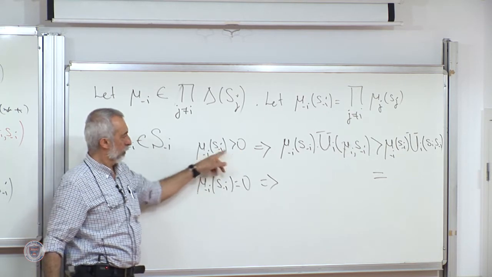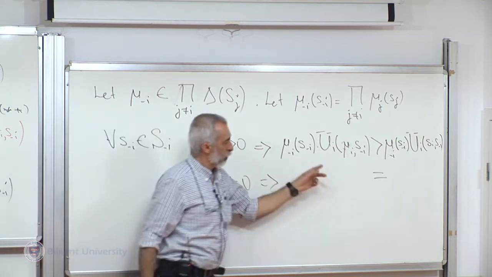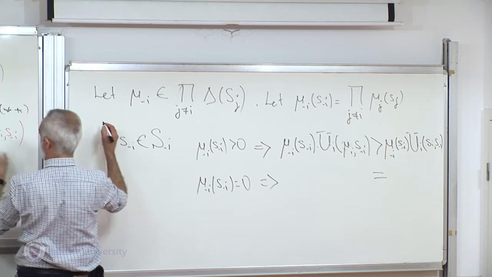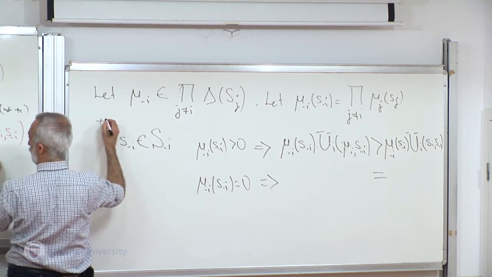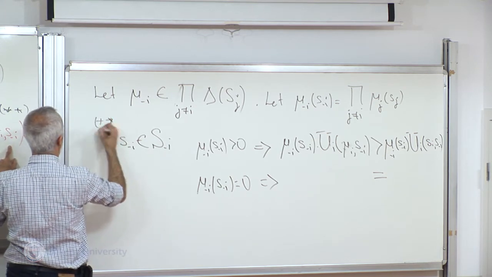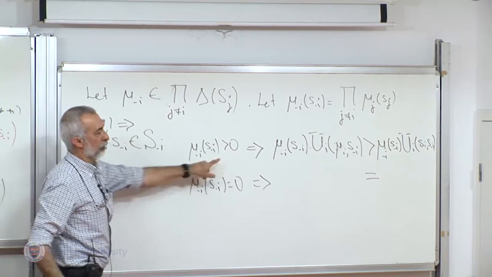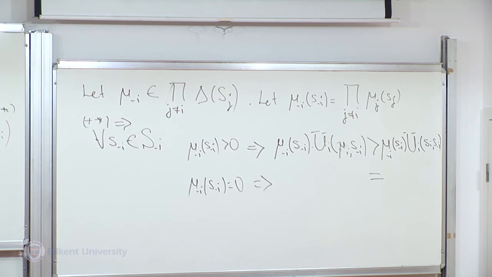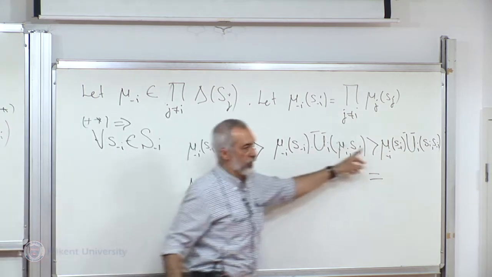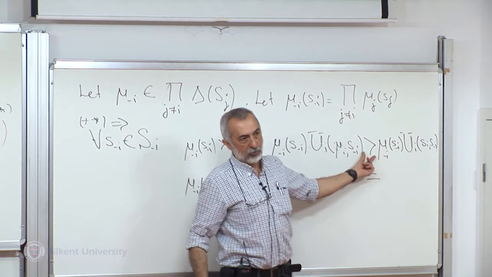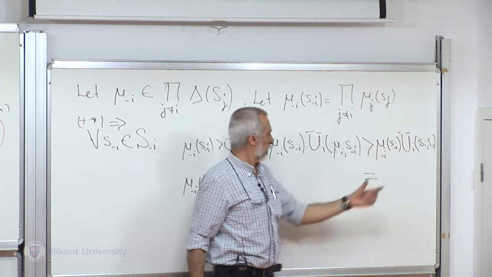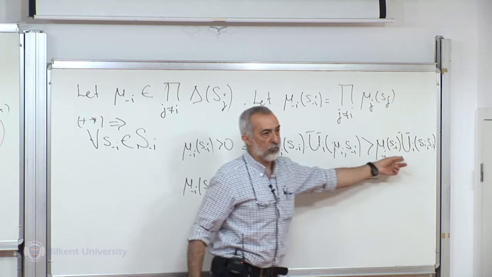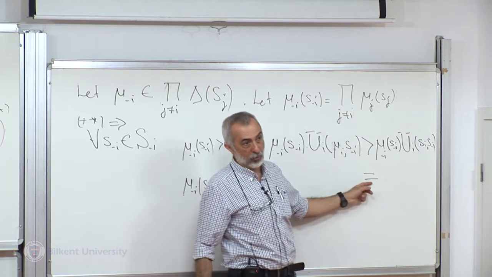So what we have is this, let me call that double star. From double star, we have this condition. Multiply both sides by a positive number, the inequality doesn't change. But this number could also be 0. But then if I multiply both sides by 0, I will get equality.